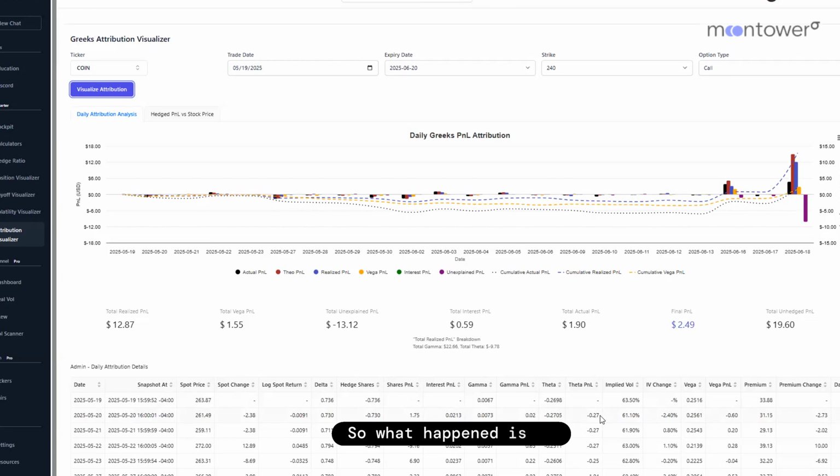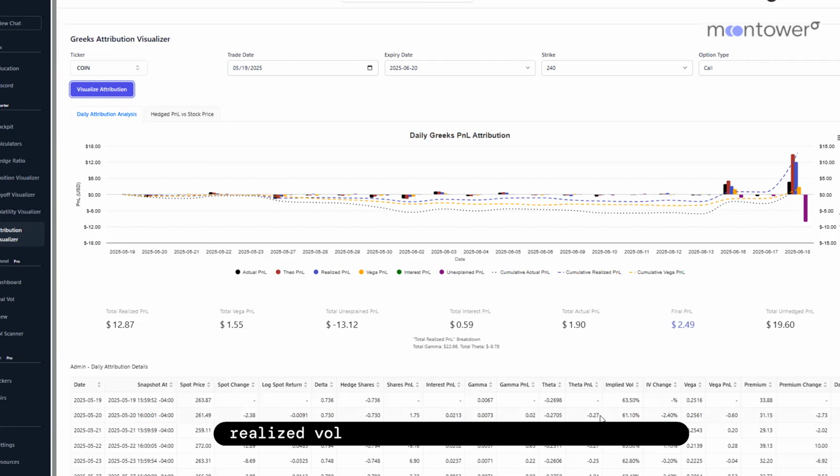So my realized vol P&L, which is my gamma P&L plus my Theta P&L, was a loss of a quarter. We can see here that I lost 60 cents on the Vega and another quarter on the realized P&L, so I lost 85 cents. So 85 cents of that $1 of loss is accountable to realized P&L plus Vega P&L.